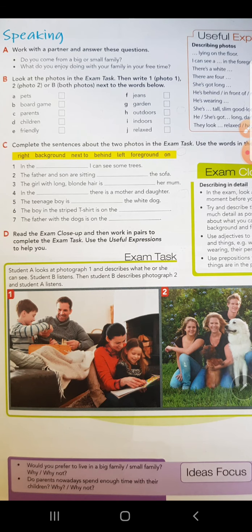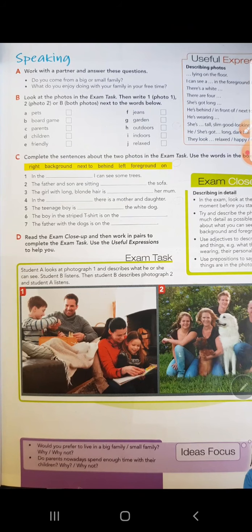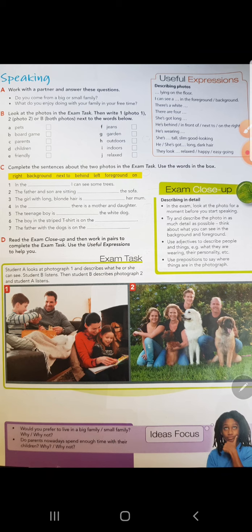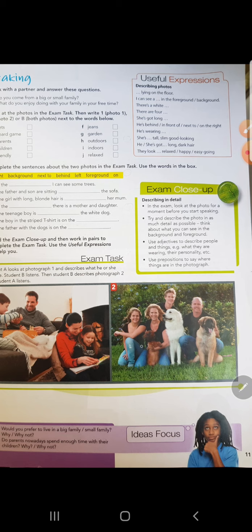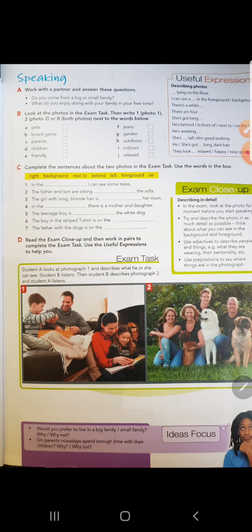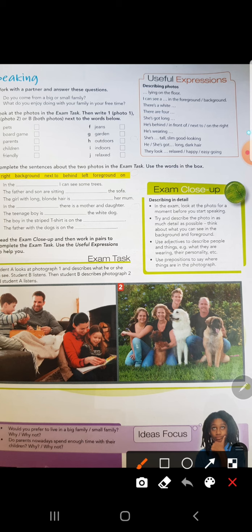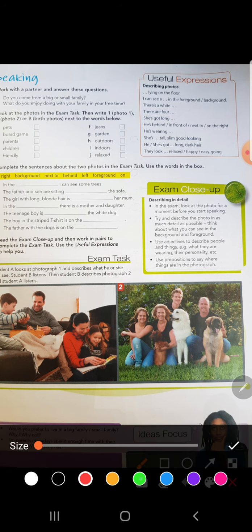So we have to know where the pets are, in picture number 1 or number 2. Here we have dogs. So pets for number 2. We have to write here number 2 in the small box.